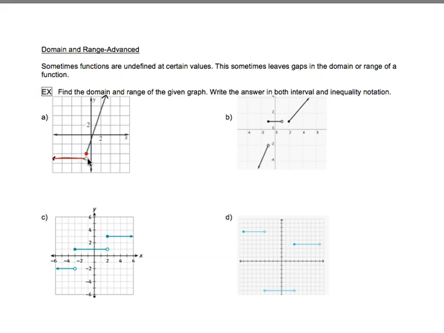So even though there was a hole here, I picked myself right back up in the exact same place. So I've not skipped any x values. And then I keep going, and it's got an arrow, so it goes on forever. So that means in this case, my domain is not interrupted. Even though I had to pick up my pencil, it picked up at the exact same spot.